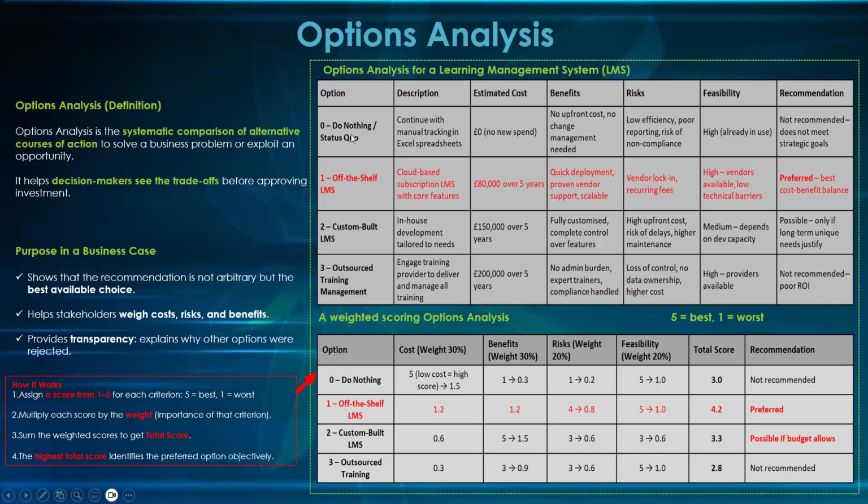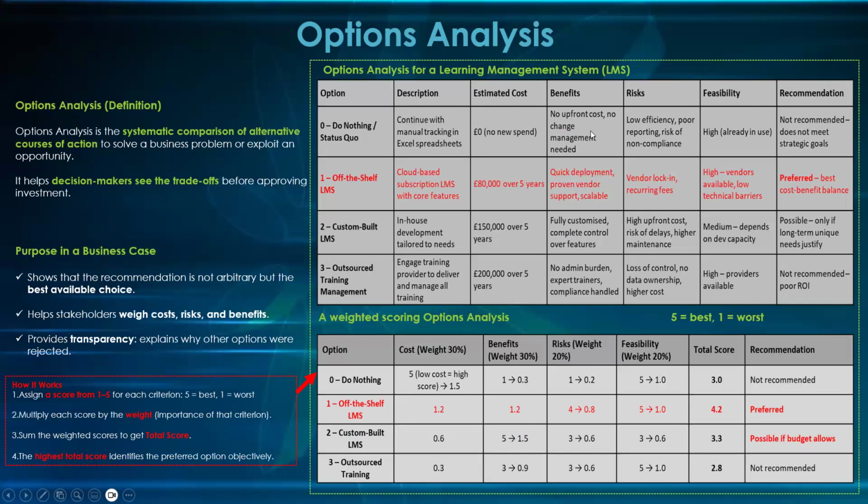First, let's see, do nothing. To continue as normal, so nothing changes. The description: continue with normal tracking, Excel spreadsheet. Maybe that's what we used before. Now, how much is it going to cost us? How much are we going to spend for it? Nothing, because we already have it. There's nothing we're spending in this case.